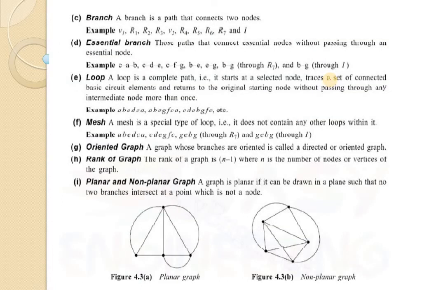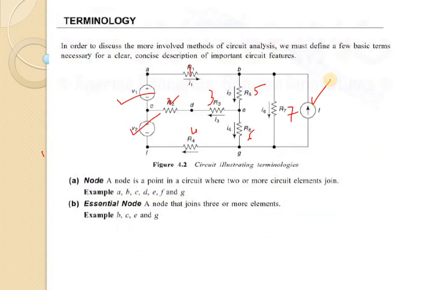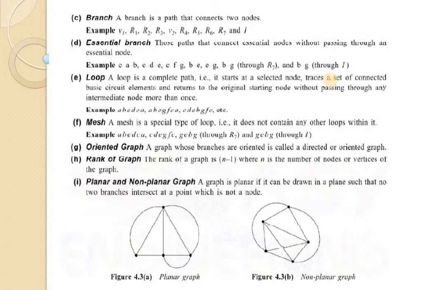Next one, branch. A branch is a path that connects 2 nodes. That means A and B are connected with some resistance, and that is a branch. For example, V1, R1, R2, R3, V2, R4, R5, R6, R7 and I are all branches.